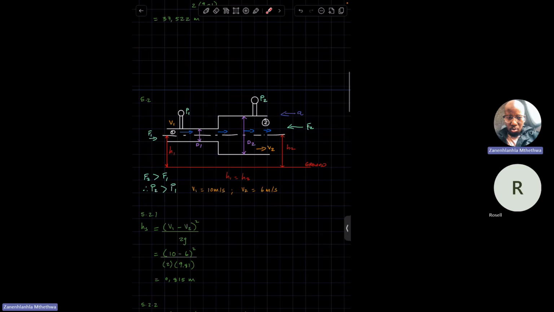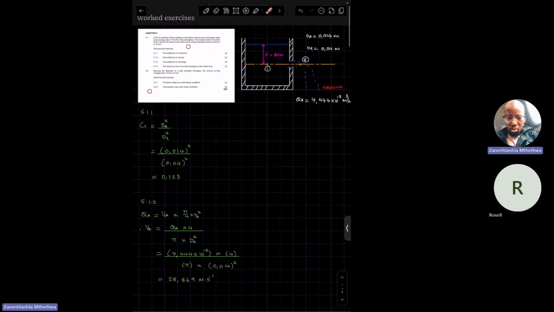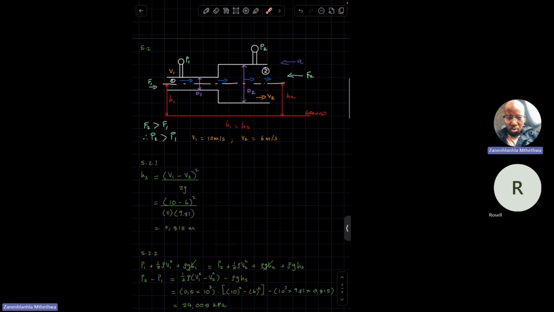And then the first question is to calculate the shock head loss under these conditions. As far as the shock head loss, this is simply the formula that you use. Shock head loss is equal to the difference in velocities, so V1 minus V2, all squared, divided by 2G.